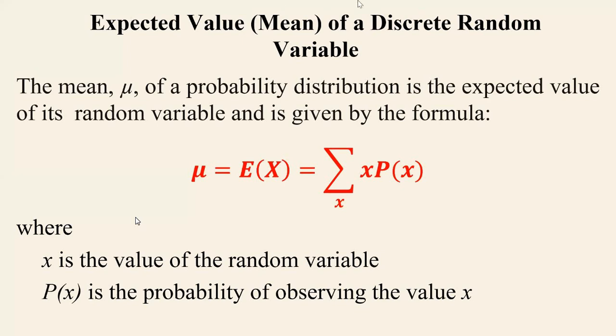One is the expected value. That is actually the mean. But when we are looking at the probability distribution, we are measuring the probabilities in future: what is the chance for this to occur? When we are talking about probability, usually we will not calculate the probabilities for past events.